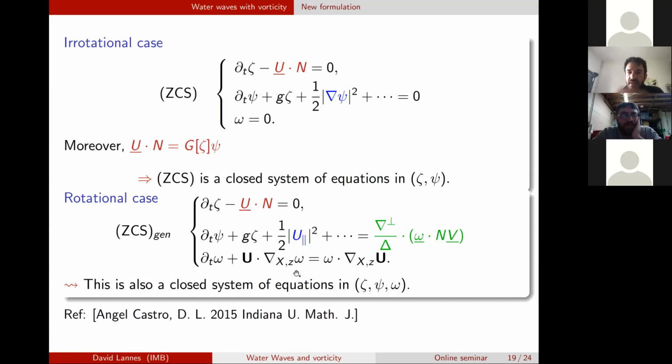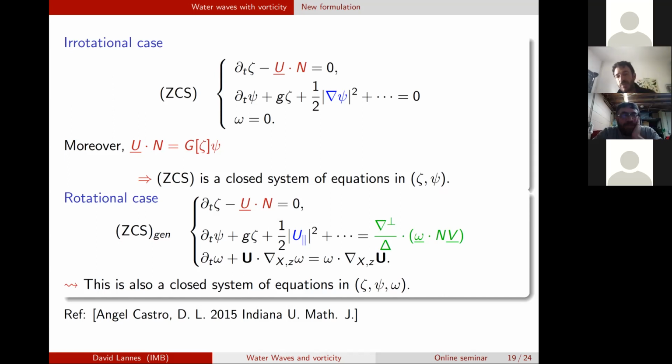So maybe omega can be constant, for instance, in some cases. In this case, this equation disappears, but otherwise we have a dynamic which is more complicated, and we cannot reduce the dynamic of the vorticity to a d-dimensional equation. The dynamics of the vorticity, if it is not trivial, like with a constant vorticity, is really d+1 dimensional.